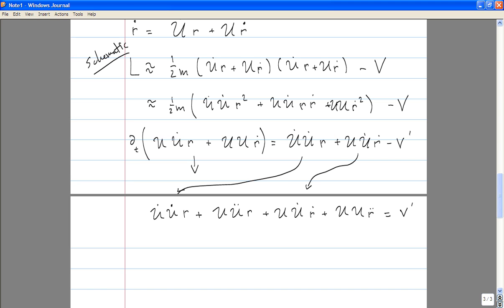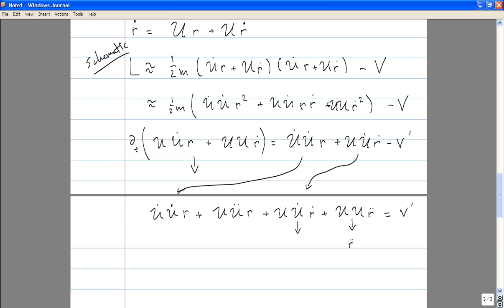So if you went through the details carefully, you would see that this term here is the usual r double dot term that appears in any equation of motion. It's what I call the body acceleration. This term here involves the angular velocity, u dot, that's what I called A, which was the angular velocity matrix, times r dot, which was the velocity.